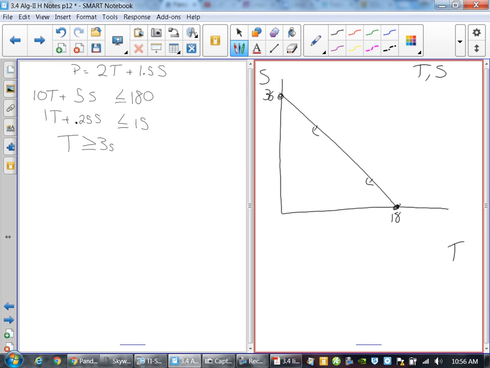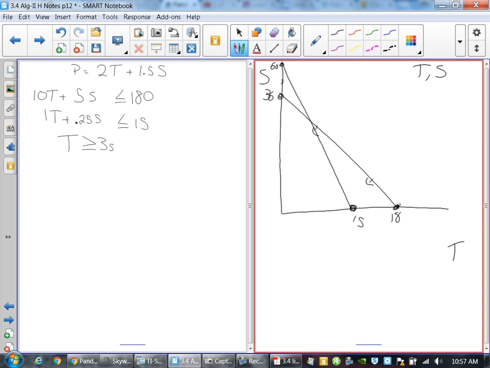The next one I'm at 15 and 60. You okay with that? 15 and 60. Sorry, it's not really drawn to scale very well.